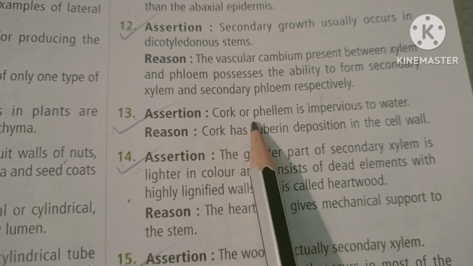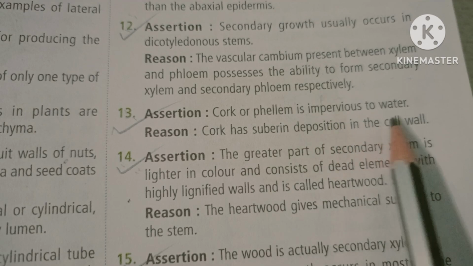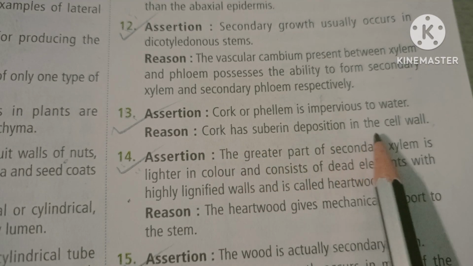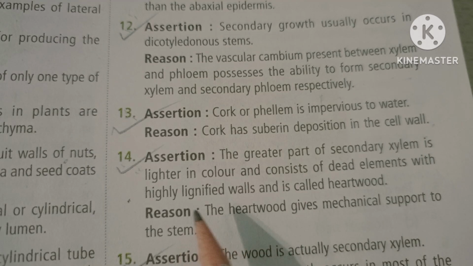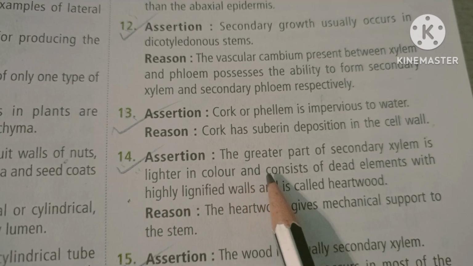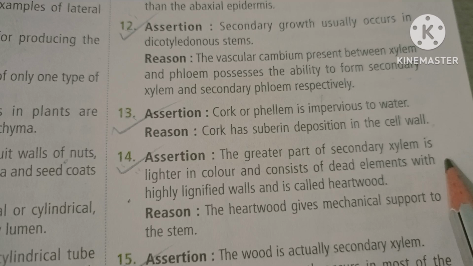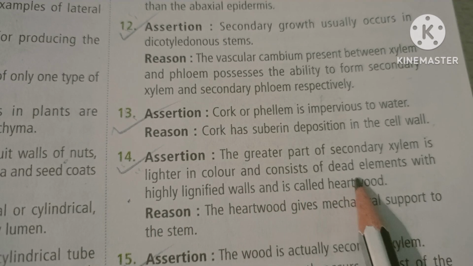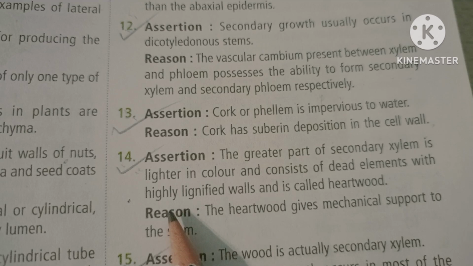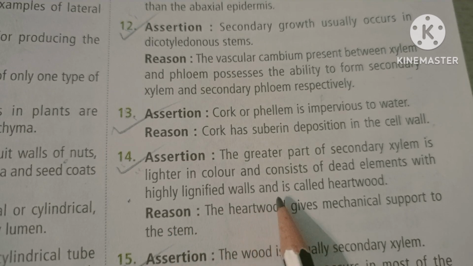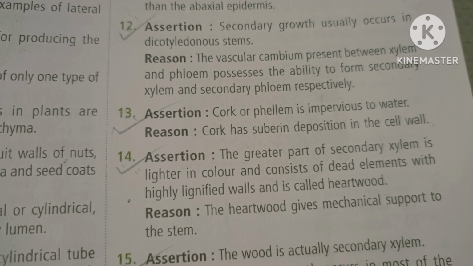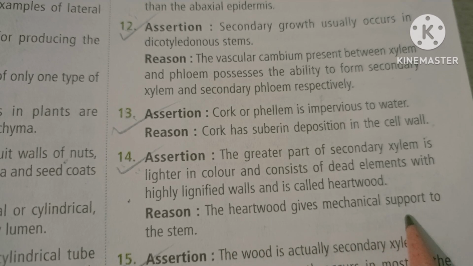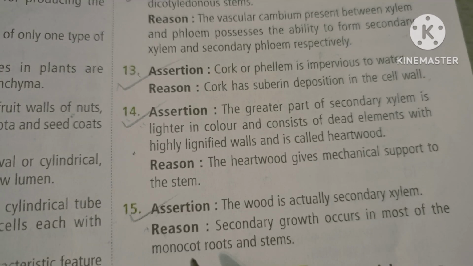Assertion: Cork or phellem is impervious to water. Reason: Cork has suberin deposition in the cell wall. Assertion: The greater part of secondary xylem is lighter in color and consists of dead elements with highly lignified walls and is called heartwood. Reason: The heartwood gives mechanical support to the stem.